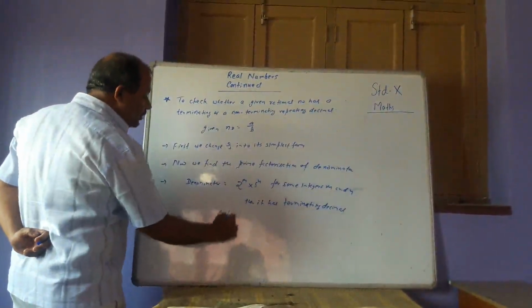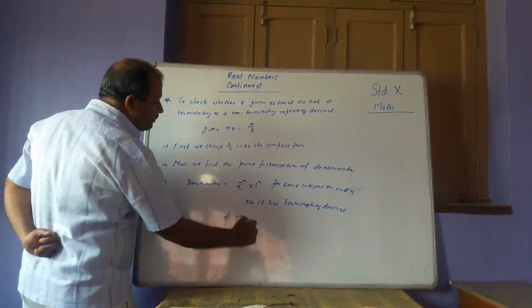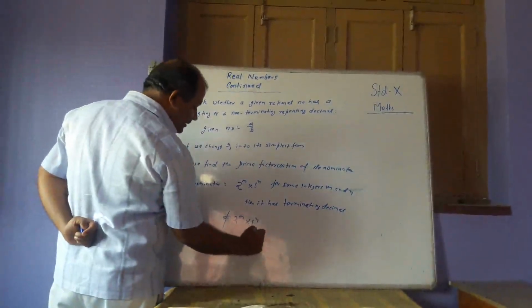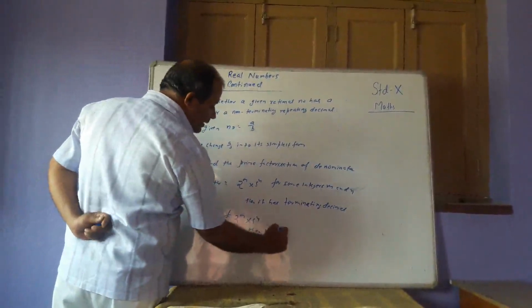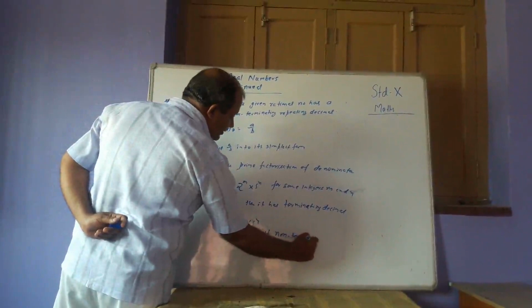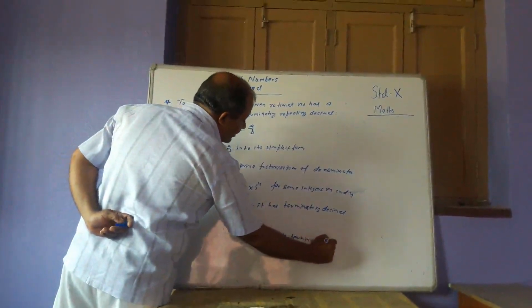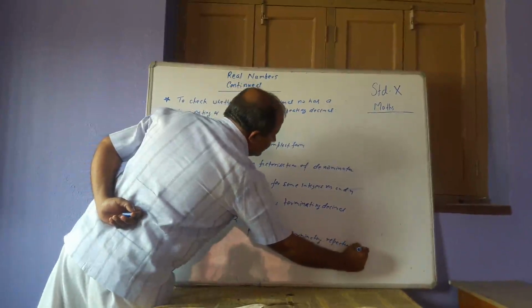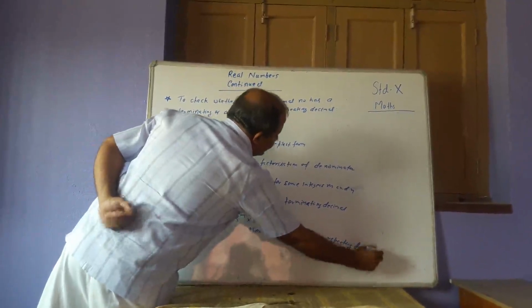And if it is not of the form 2 to the power m into 5 to the power n, then it has a non-terminating repeating decimal.